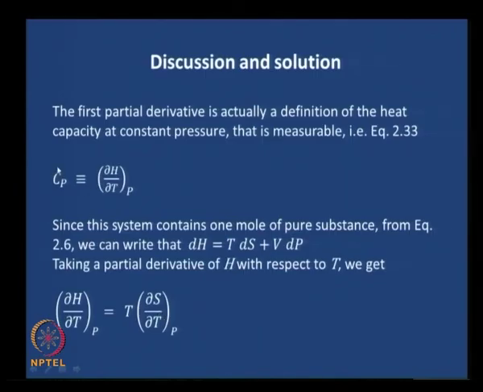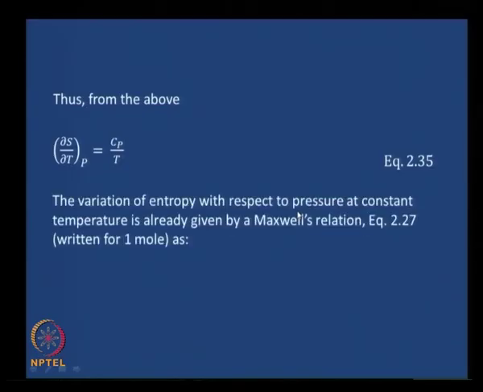Cp is easily measurable, and therefore we get ∂S/∂T at constant P equals Cp by T. So, we have handled this also.